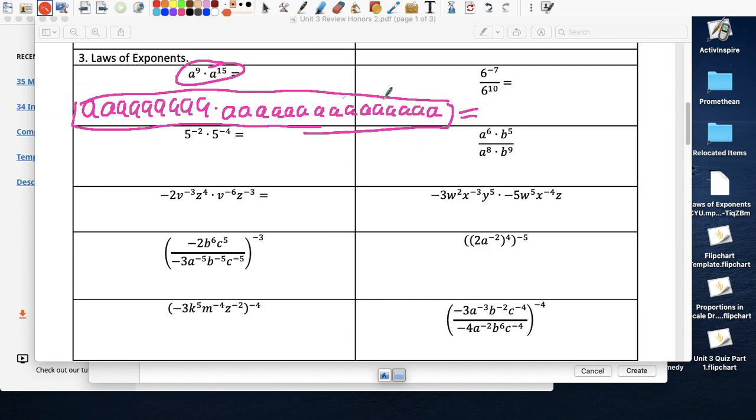So if I gave you this long thing here and said, let's use exponential power to represent that, you would say, well, that's the same thing as A, and if you counted how many A's, you would say A to the 24th power. Shortcut: keep the base, add the exponents. 9 plus 15, 24. That's what the laws of exponents are, just shortcuts.